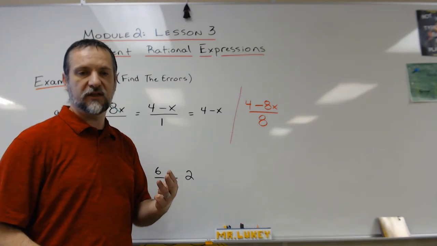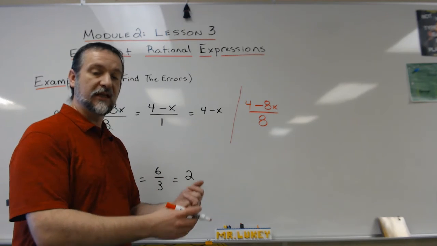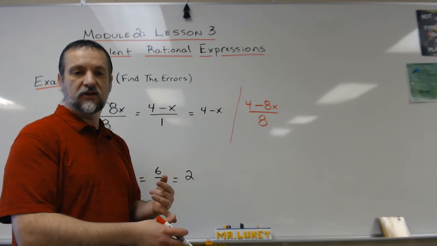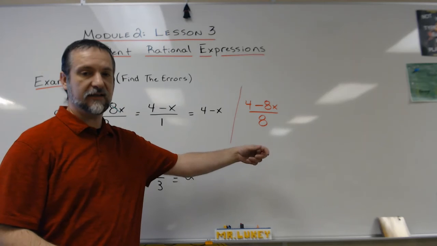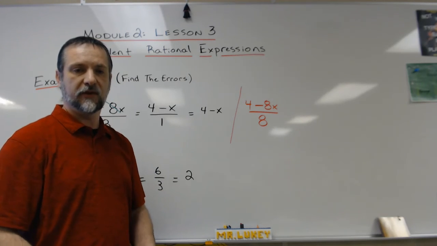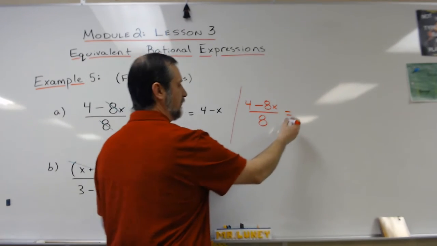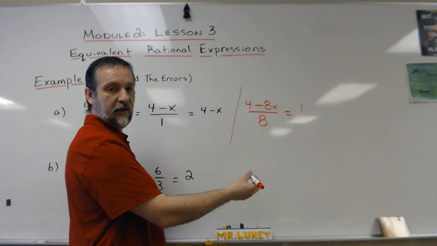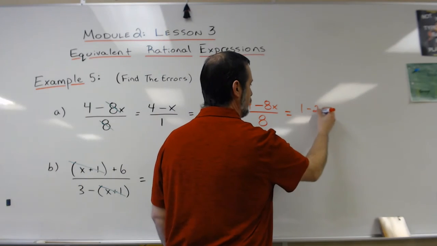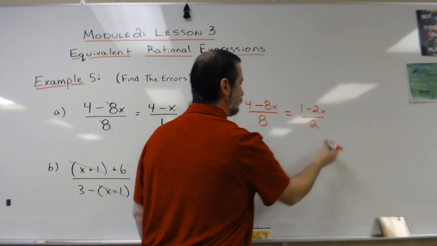There are 3 terms here. To simplify, I need to have all 3 terms divisible by the same amount. So I can take 4, 8x, and 8, and divide each of those by 4 and get the same response. So 4 divided by 4 is 1, 8x divided by 4 is minus 2x, and 8 divided by 4 is 2.